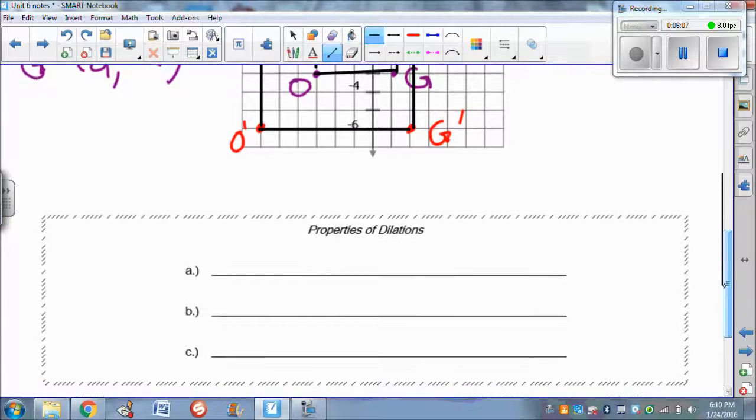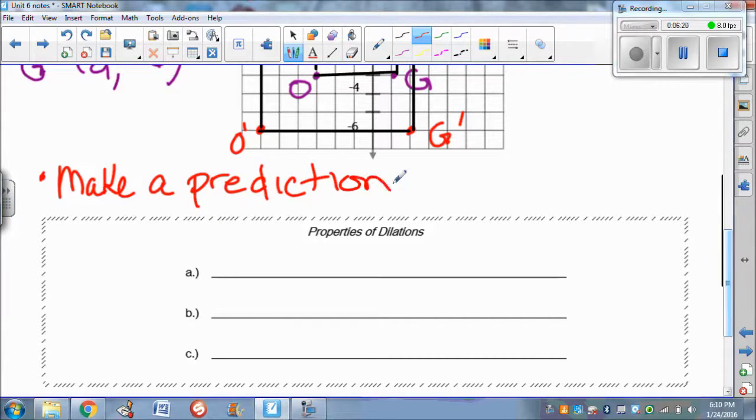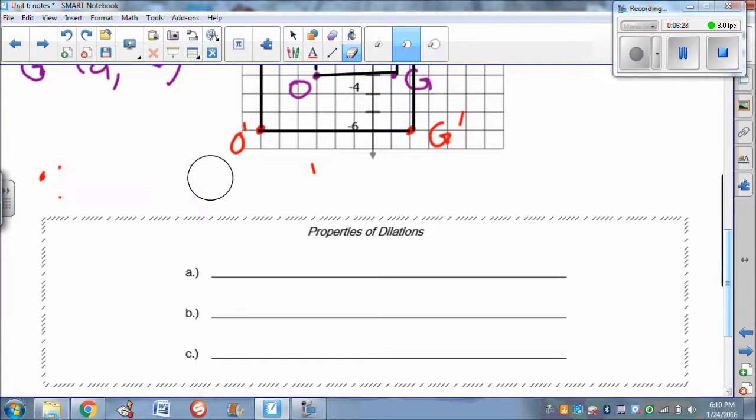I'm going to ask you to do two things on your own to bring to class with you. The first thing: come up with a scale factor that will make a shape smaller, because we just used a scale factor of 2 and it made our shape bigger.